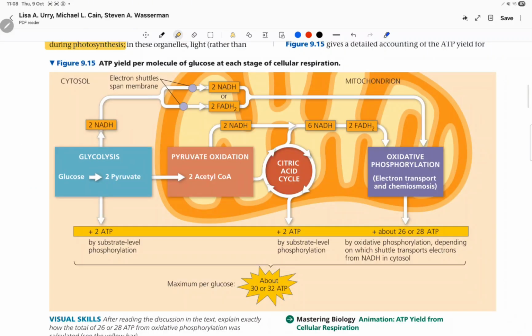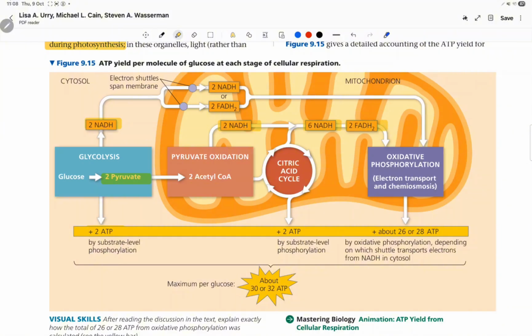Now, as we can see in this figure, glycolysis will give us 2 pyruvates along with 2 ATPs along with 2 NADH. Then pyruvate oxidation will give you 2 NADH. Then the Krebs cycle will give you 6 NADH and 2 FADH2.